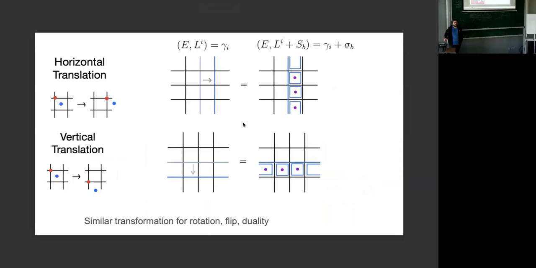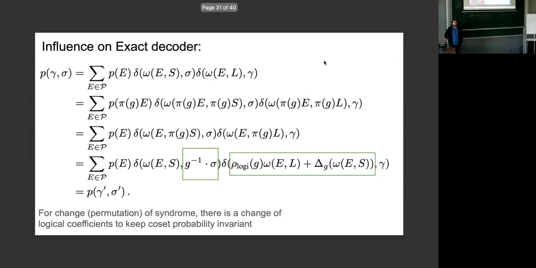If you want to select another logical, it's the old logical plus a column of the whole stabilizers, and then you still know how to get the result. You just add the sum. And then we could use this to find the symmetry of the exact decoder. Let's go line by line.